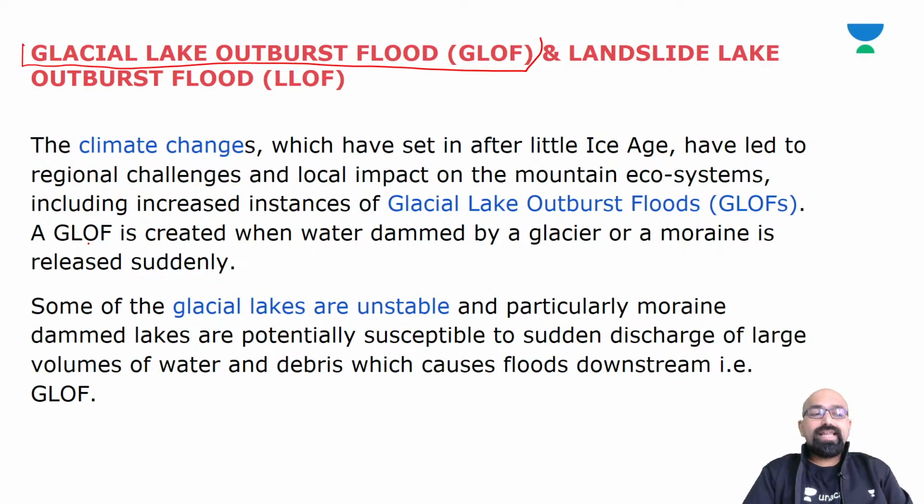Some of the glacial lakes are unstable, and particularly moraine dam lakes are susceptible to sudden discharge of a large volume of water and debris, which causes flood downstream. That is GLOF, glacial lake outburst flood.